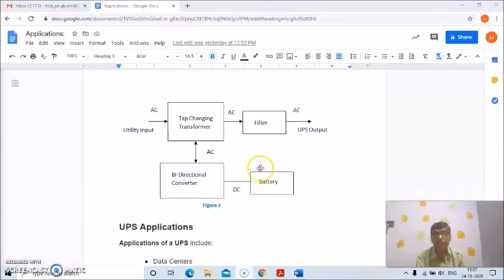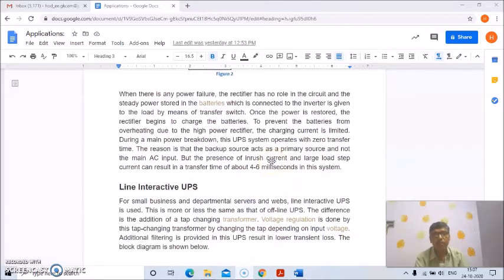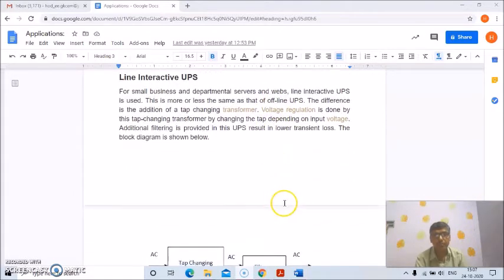When it is required to supply AC to the tap changing transformer, the battery DC will be converted into AC, and this AC will be given to the tap changing transformer, and after filtering it will go to the UPS output. So this is the block diagram of the Line-Interactive UPS.